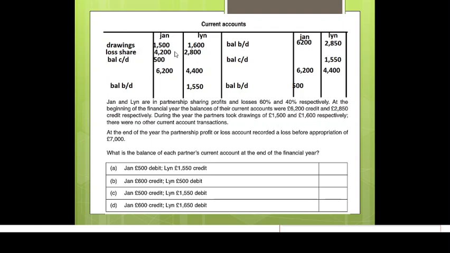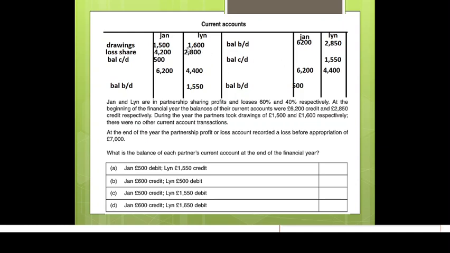What I've done then is I've added the figures up. Looking at this, you've got about 5,700, which means the credit side is higher, 6,200. Take it across, difference above. For Lynn, the debit side is higher.